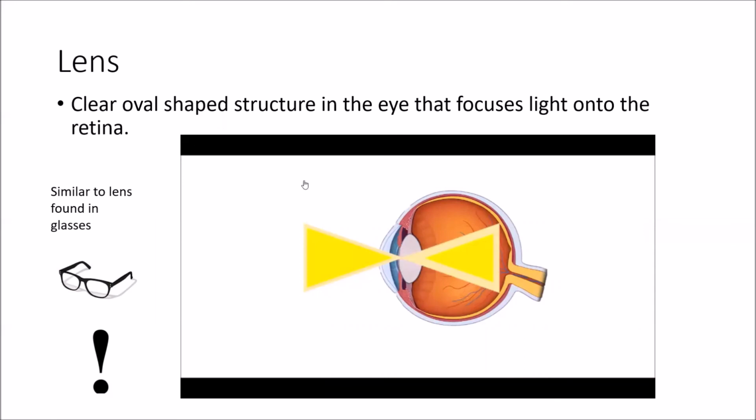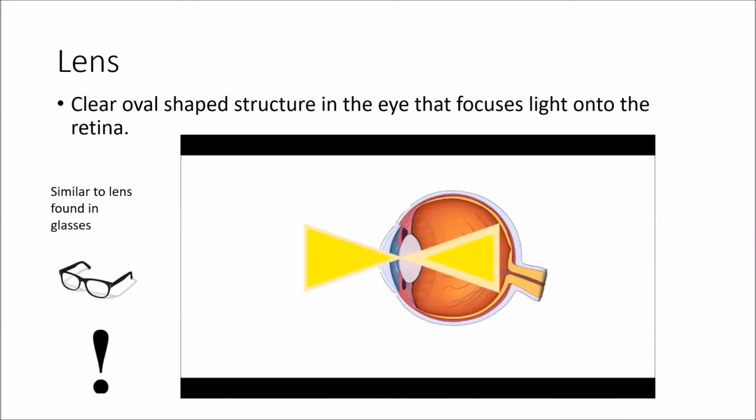The lens is right here, and it's basically going to focus the light that's coming inside of the eye on the retina. The retina is this back part right here, but we'll talk more about that later on. This is where you will find sensory cells, such as cone cells and rod cells, and that's how we're going to detect the light, and that's going to send information to the brain.